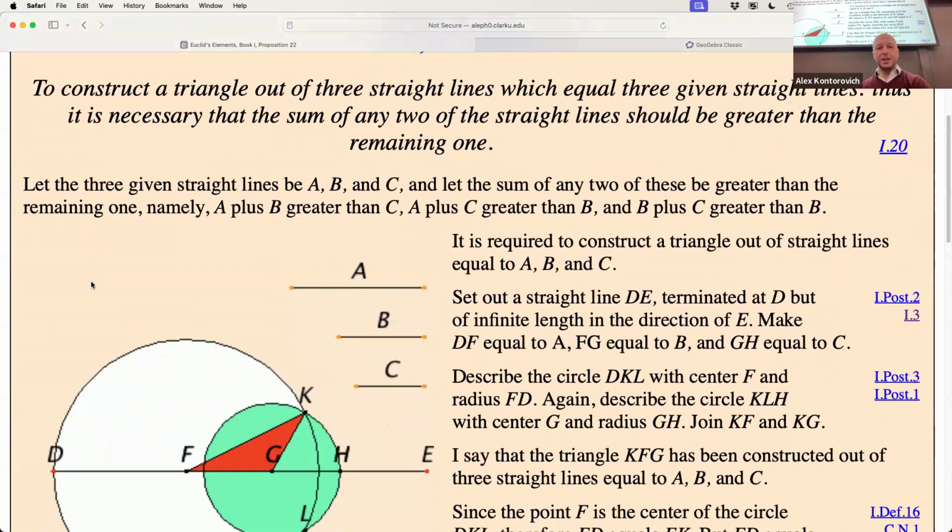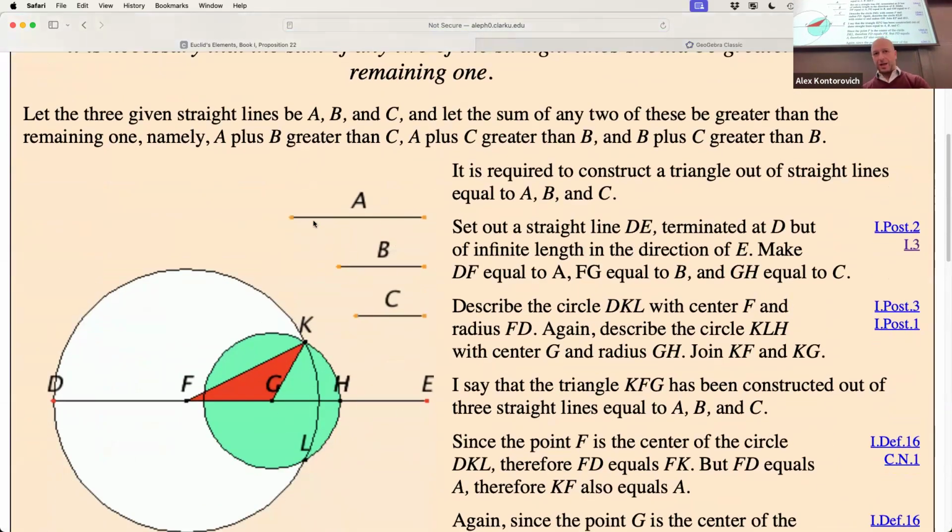Well, it's not that it's allowing you to. Again, you have a line segment that he calls segment A, he calls this segment B, he calls this segment C. So he starts with B, and then he moves the length A to DF, then he moves the length C to GH, and then he draws one circle, the green circle, with center G and radius H. He draws another circle with center F and radius D, just like we did. And then why do the two circles intersect?